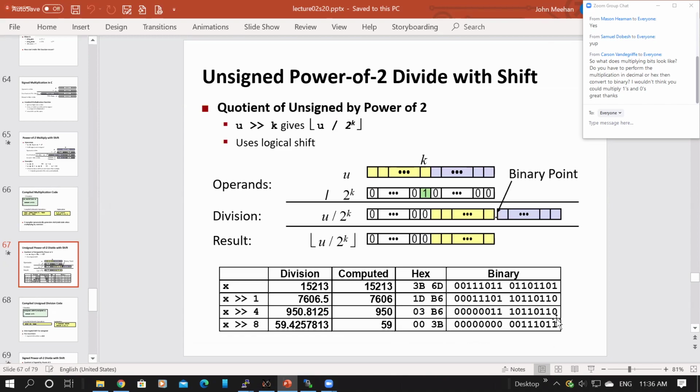The true result, including the fraction, of doing a division by 2 or 16 or whatever, would have these little fractional parts in there, right? If I divided it by 2, that one bit hopped over to the right of a binary point that would be sitting there.